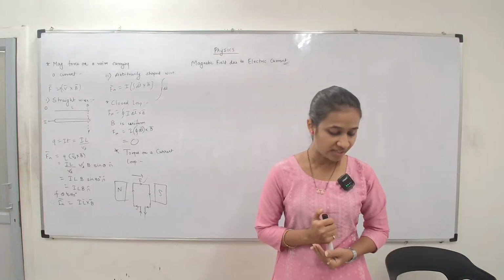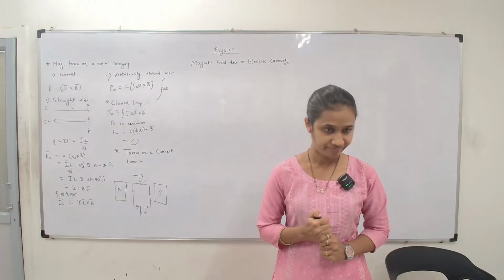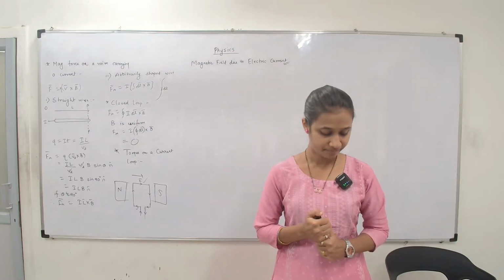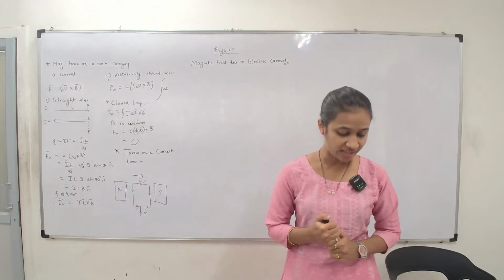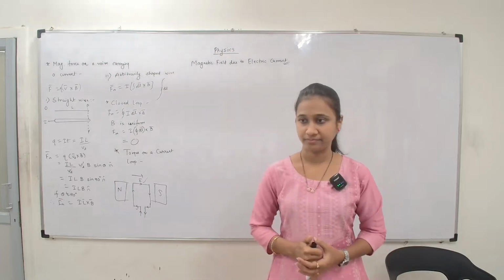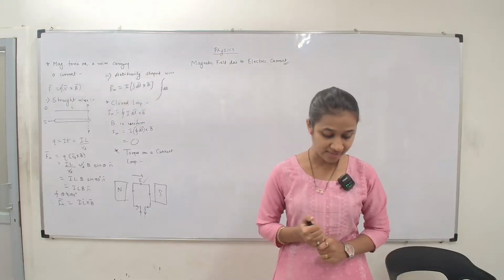F3 is the force acting on the side AB. And F4 is the force acting on the side CB or BC. Which forces will get cancelled?